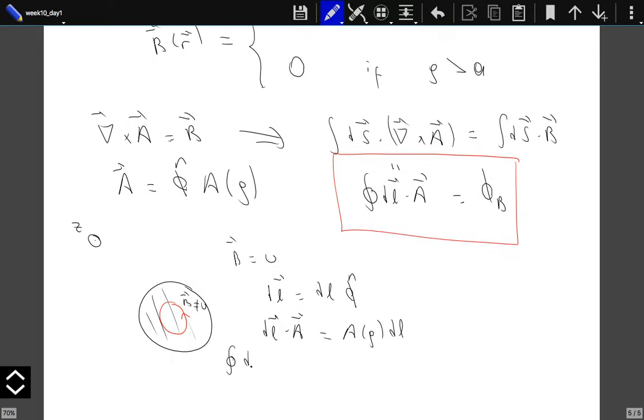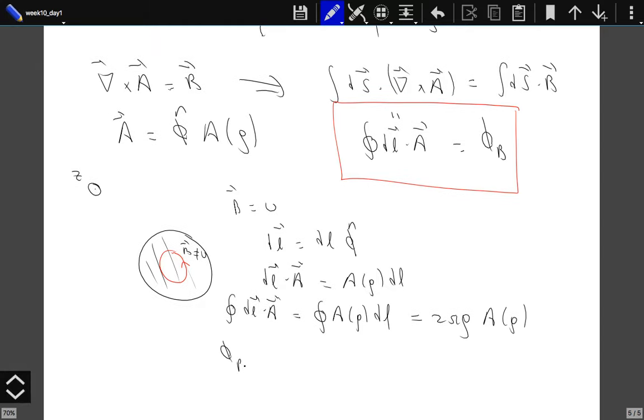Now if I integrate this around the loop, you see, around this loop, rho is just constant. Since rho is constant, A of rho is also a constant. So I can just take it out of my integration. What remains is just the circumference of the loop. So this is 2 pi rho times A of rho.